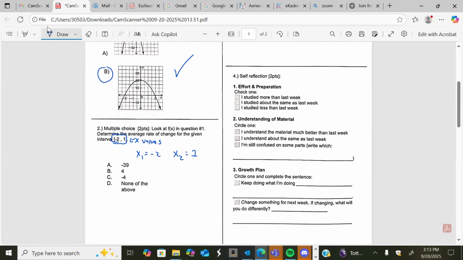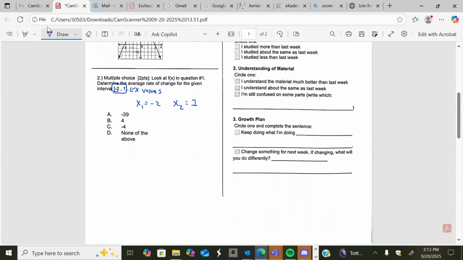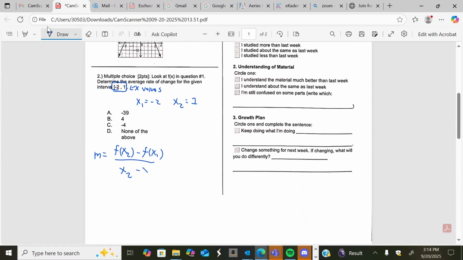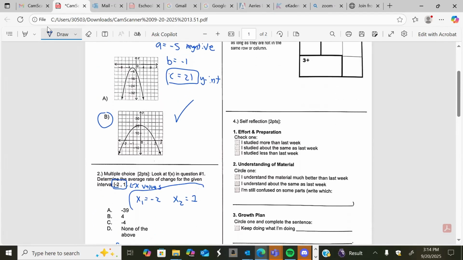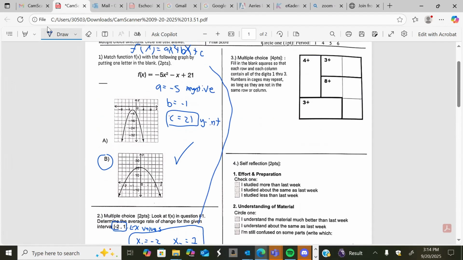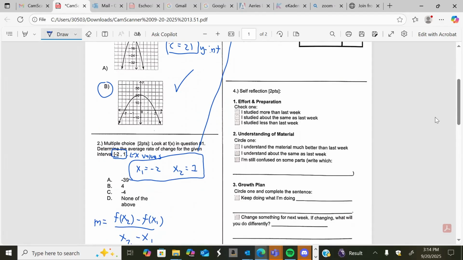Before we move on, I want to remember what our average rate of change formula is. It's really just a slope formula. f of x2 minus f of x1, all over x2 minus x1, is equal to my average rate of change. So what is f of x2? What is f of x1? We have to plug these x1 and x2 into our function, this example.